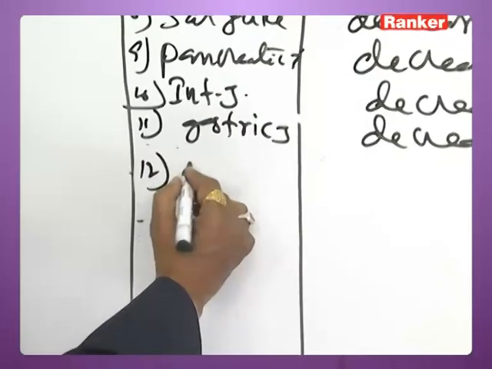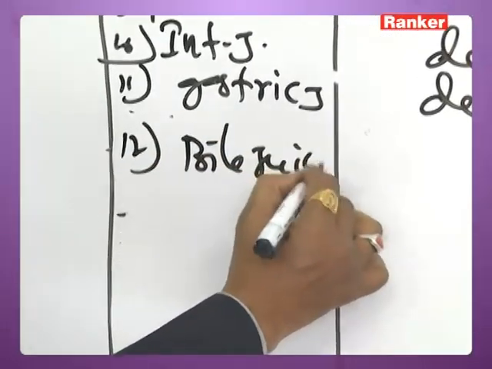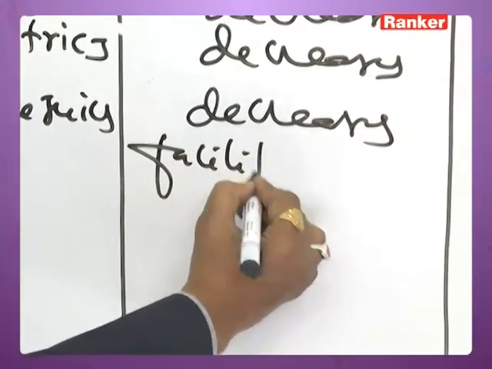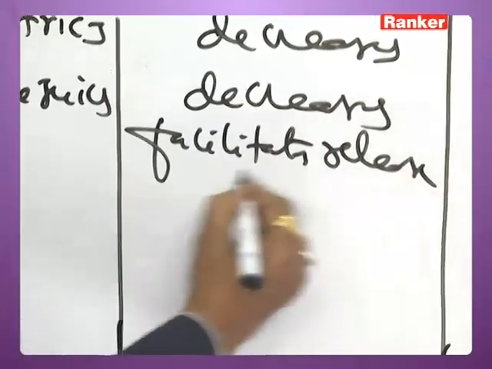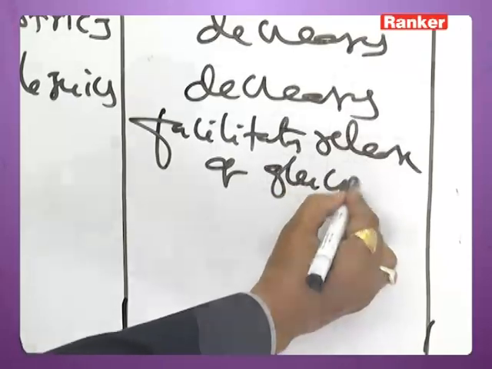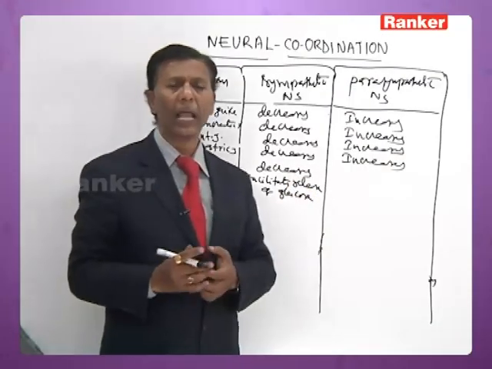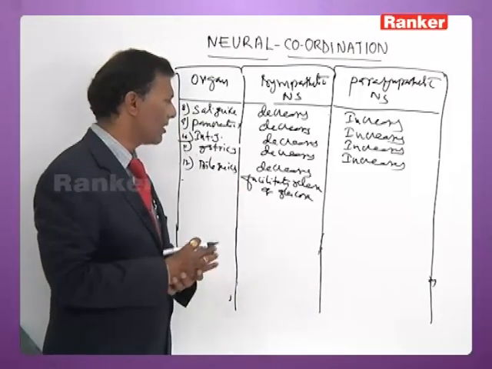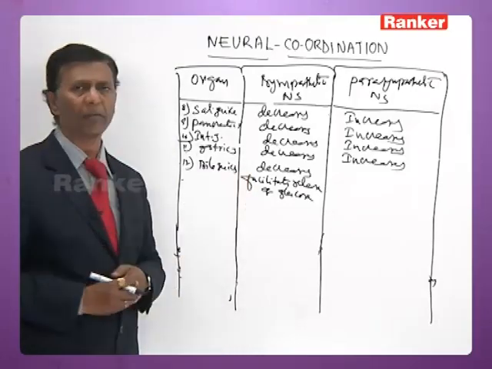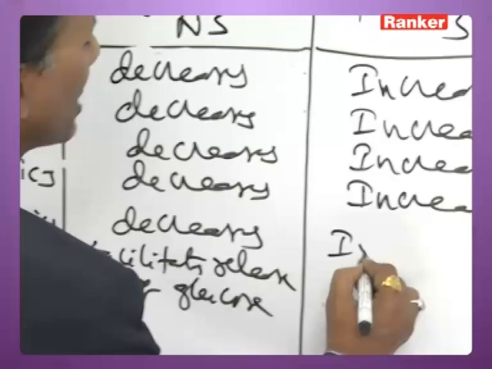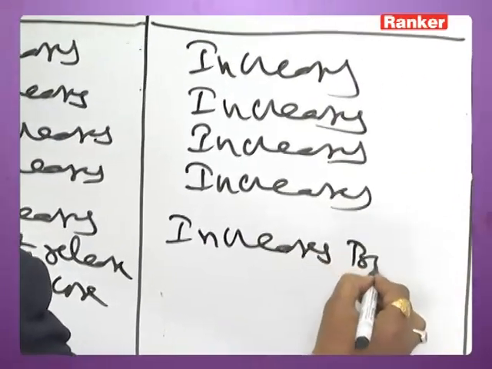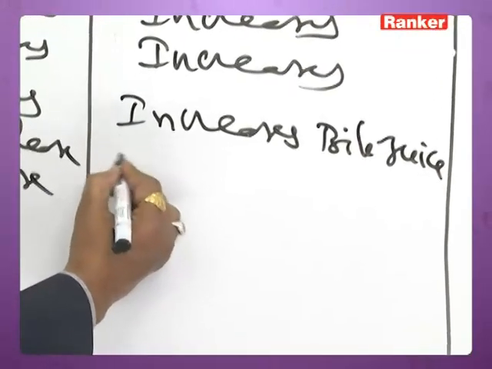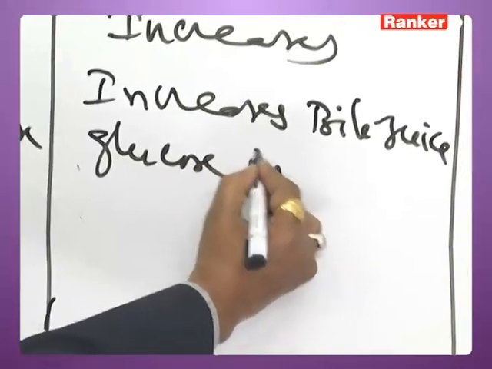The next you take bile juice. The sympathetic system decreases bile juice secretion, however it facilitates release of glucose from the liver. That is, it brings about glycogenolysis, the breakdown of glycogen to form glucose, and thereby ensures release of glucose from the liver. The parasympathetic system increases secretion of bile juice, but converts glucose into glycogen.